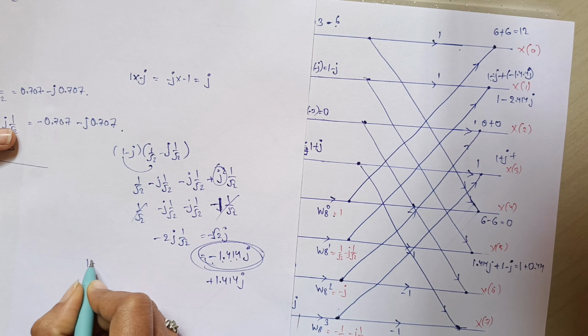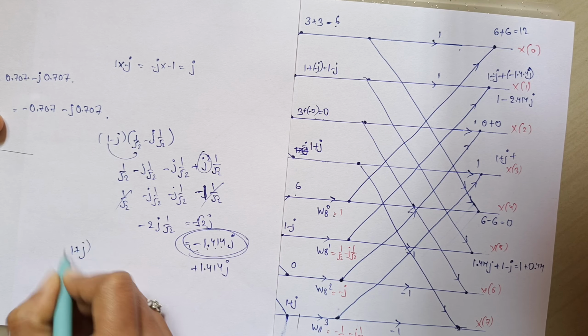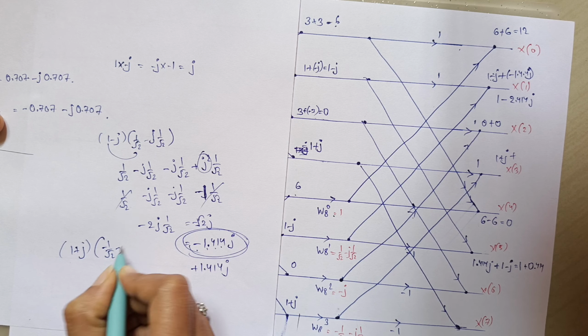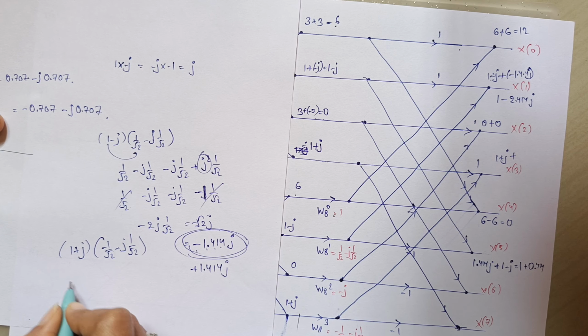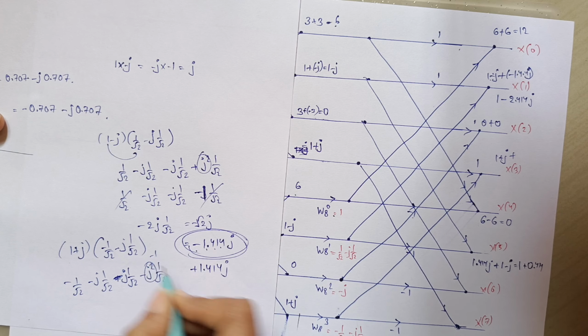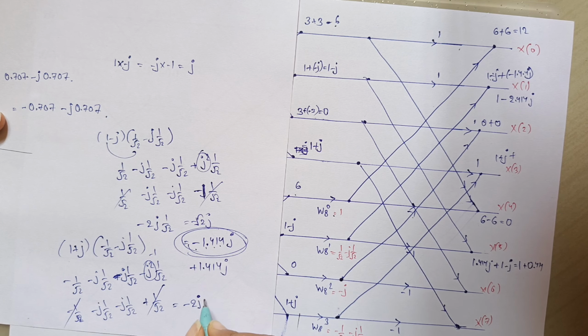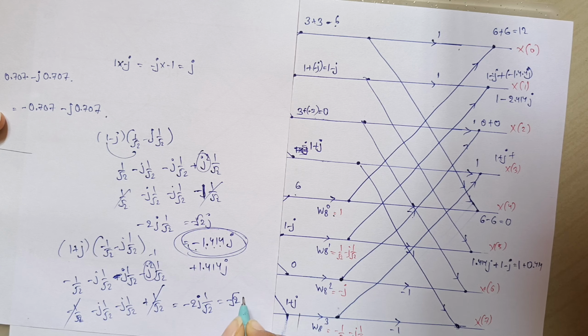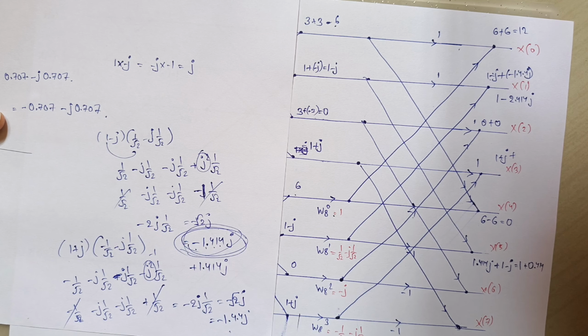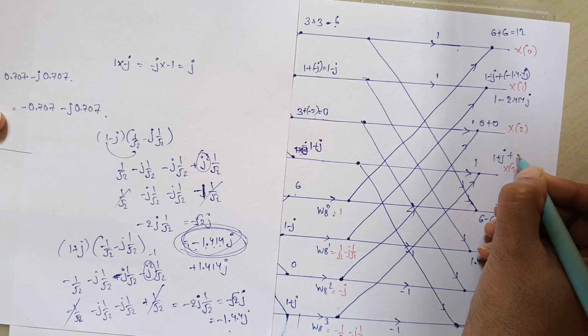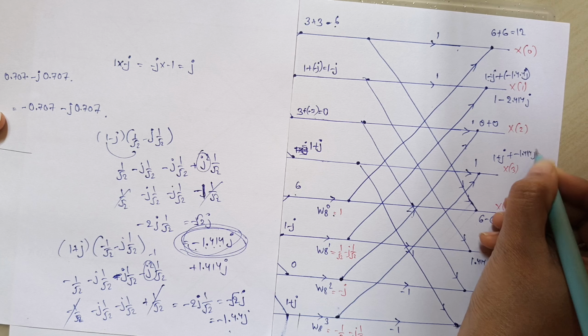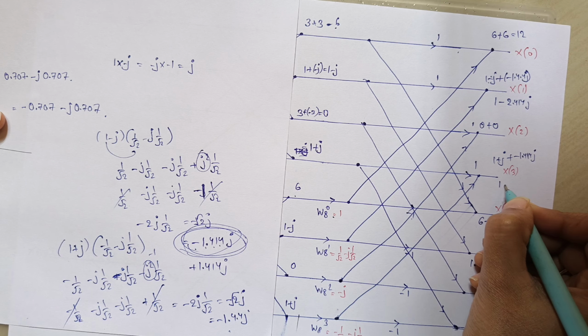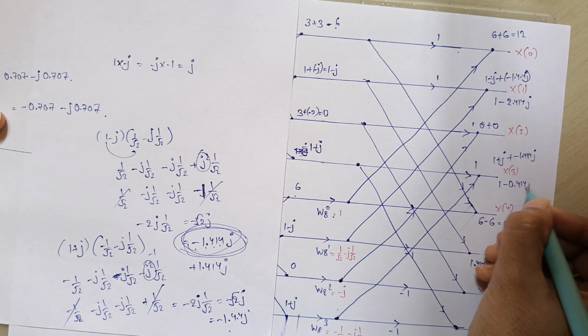So if we have 1 plus j, and we have minus 1 by root 2 minus j 1 by root 2, so finally we got minus 2 root 2 into j. This is minus 1.414 j, in the same manner that we got over here. So now we will move on this side, so we will get minus 1.414 j. So finally we got 1 minus 0.414 j.